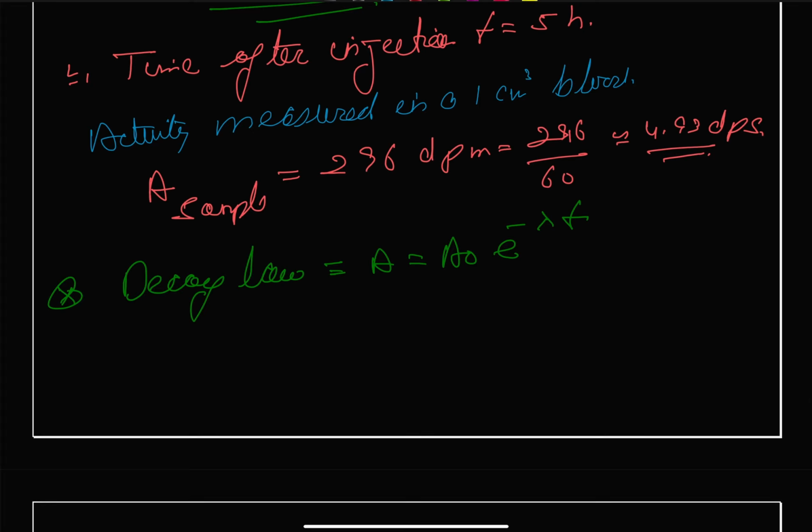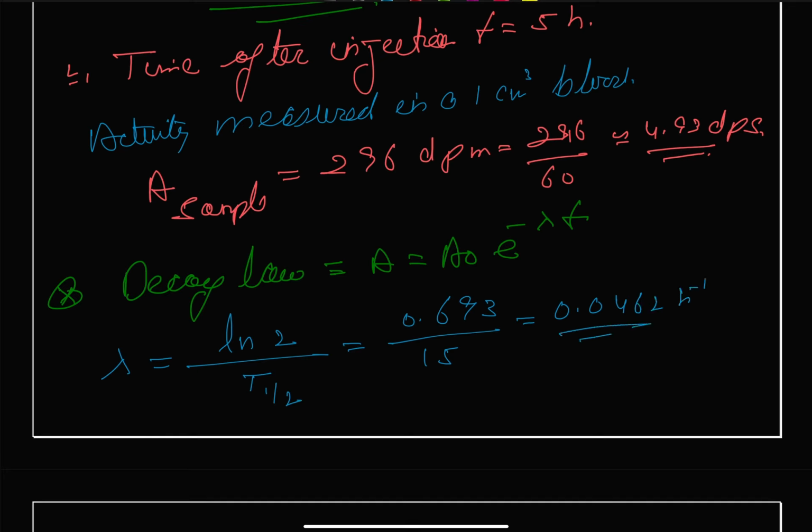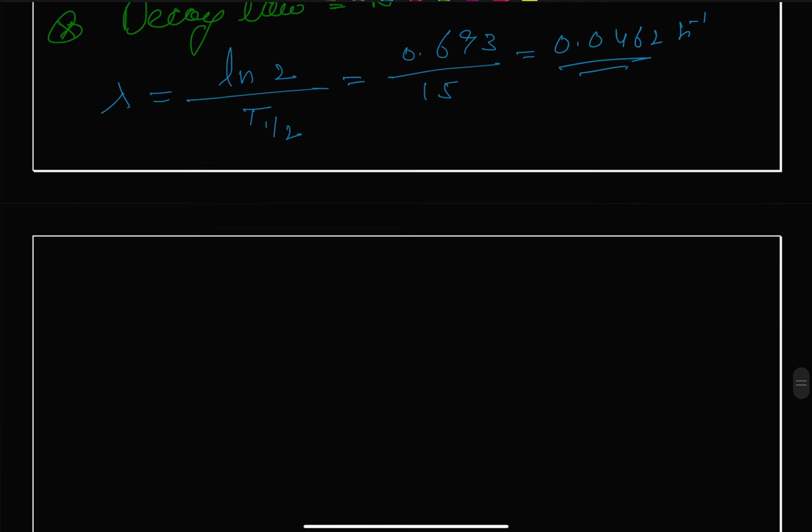So we can find that lambda is equal to natural log of 2 divided by T half, which is 0.693 over 15, giving us 0.0462 per hour, and t is given to us as 5 hours.